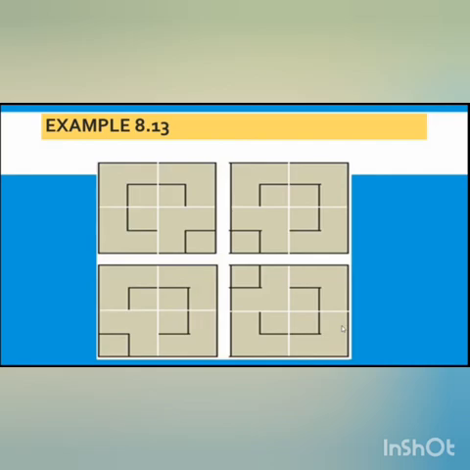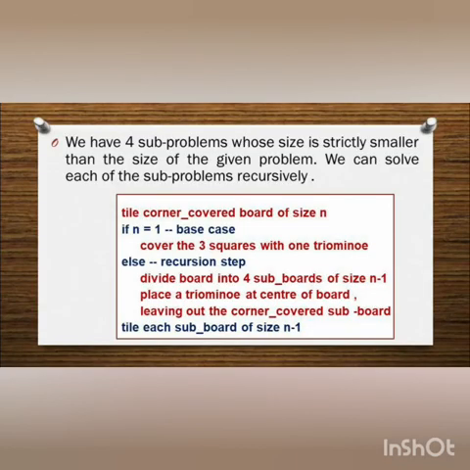Now let's see the algorithm. Tile corner covered board of size n. If n is equal to 1, then this is a base case. So immediately we can cover the 3 squares with one triamino. Otherwise we have to go for the recursion step. Here we have to divide the board into 4 subboards of size n minus 1.